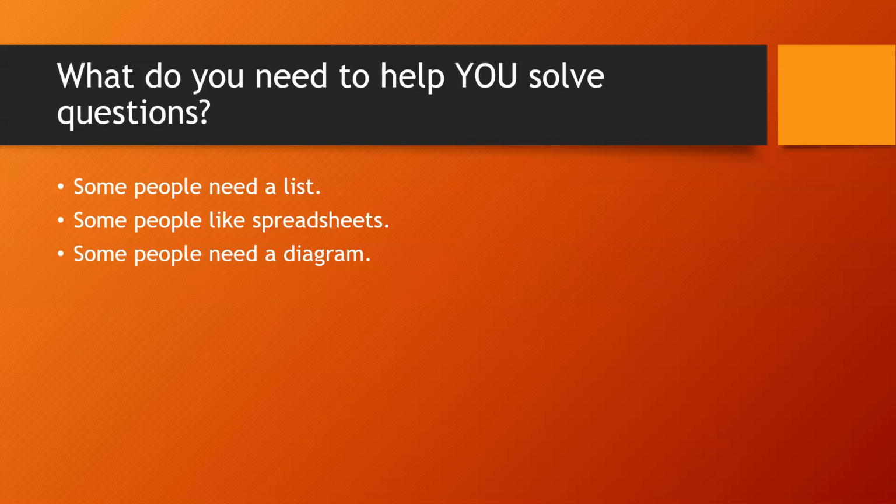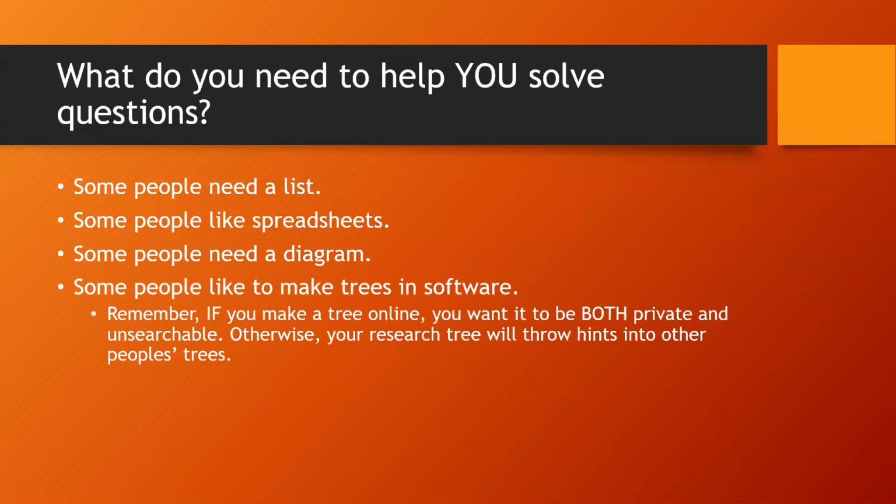What I realized quickly as a teacher is that most people learn by seeing, or they learn by a combination of things. So maybe seeing and writing, or listening and writing. So whatever your learning style is, adapt whatever you're doing to fit that, and you'll be a lot more successful. So if you need a list or a spreadsheet or a diagram, do that.